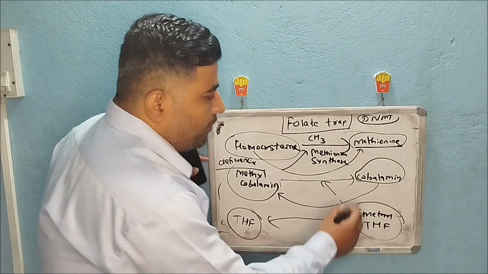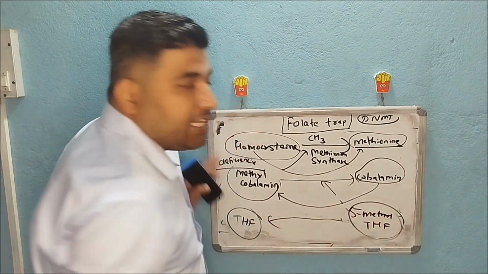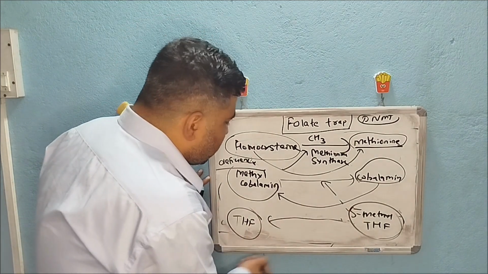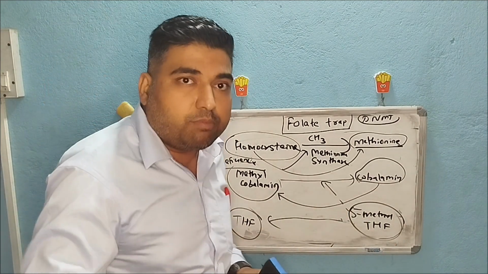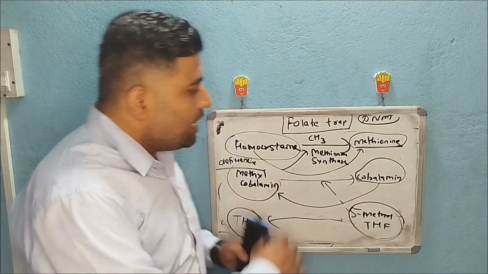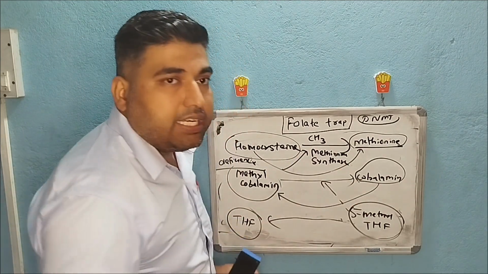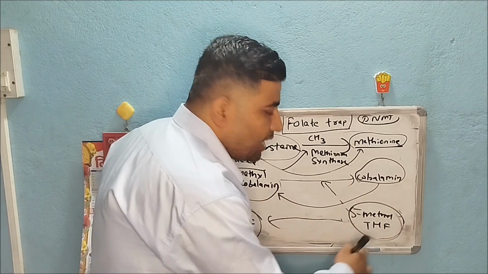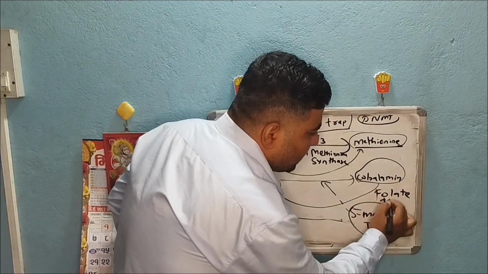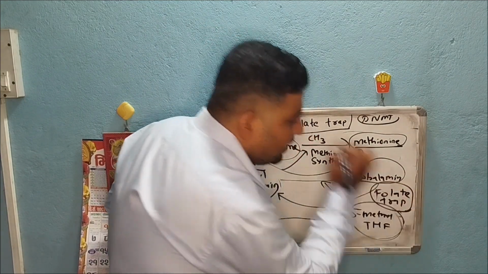And the 5-methyl tetrahydrofolate formed during folate metabolism cannot be converted into the different forms of tetrahydrofolate required for different biological activities. All the tetrahydrofolate remains in the form of 5-methyl tetrahydrofolate, and this phenomenon is called the folate trap.